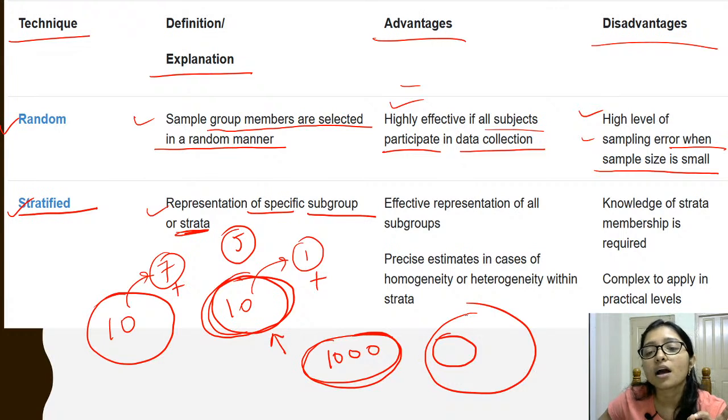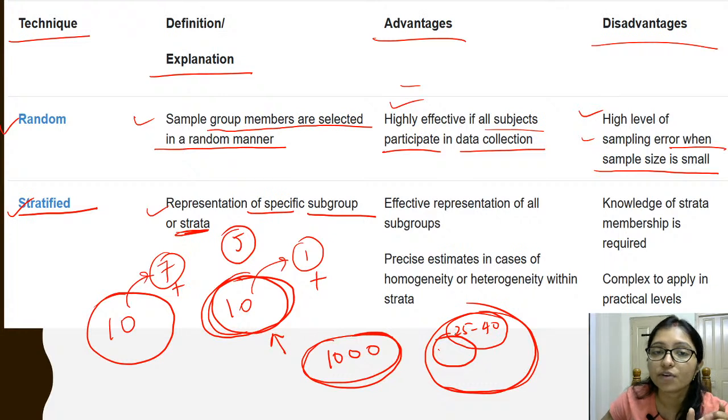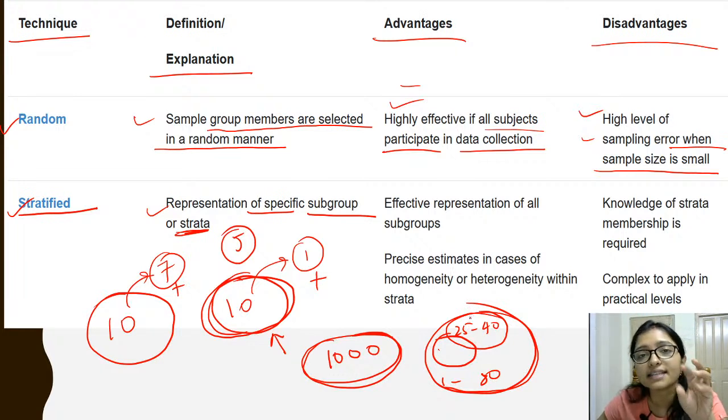Maybe in a village there are all the persons and you are selecting a subgroup, maybe age 25 to 40. So that is a subgroup, right. From all ages, the total group is 1 to 80, and from that you are selecting some specific age, 25 to 40, that is the strata.